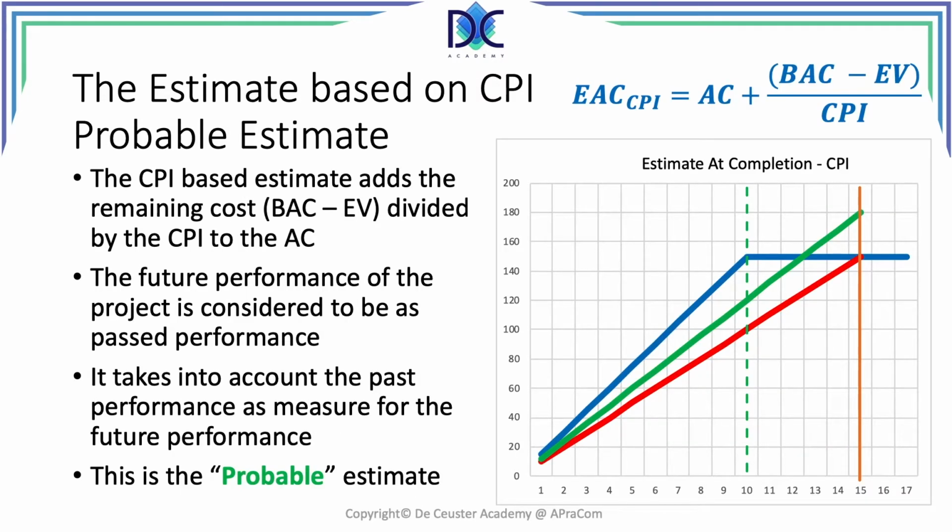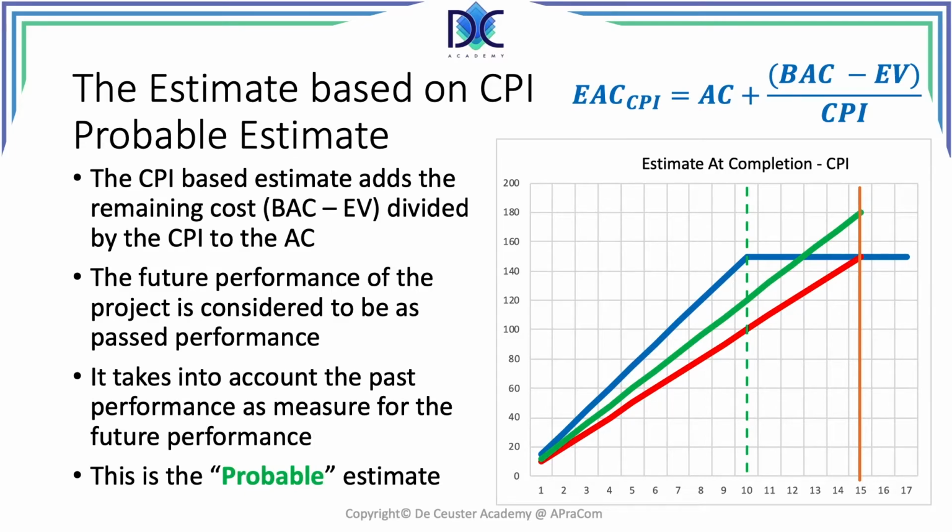We can also use the CPI, and we can have a look first at the graph. The first part of the graph are the blue and the red curve. With the red curve, we found when the project would end.